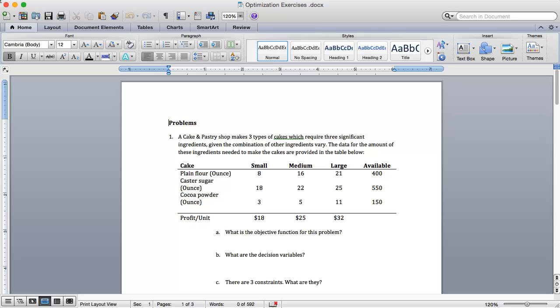So 8 ounces times the number of small cakes plus 16 ounces times the number of mediums plus 21 ounces times the number of large has to be less than or equal to 400 total ounces available for flour. So these constraints, decision variables, and our objective function have been identified. Now we can shift to our spreadsheet and to Solver to set up our LP model.